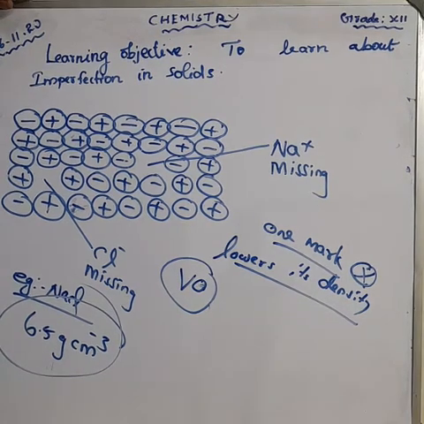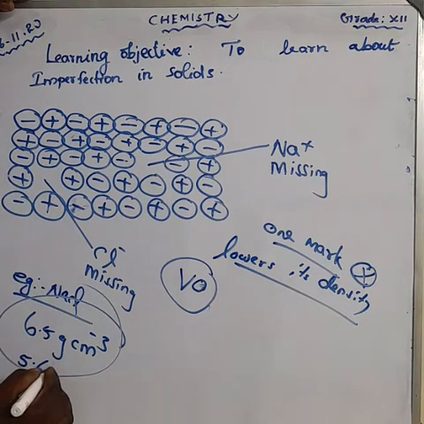But the actual experimental density value is 5.6 gram per centimeter cubed. This is also a 1 mark question.